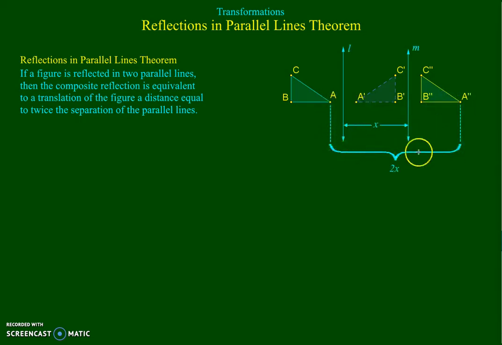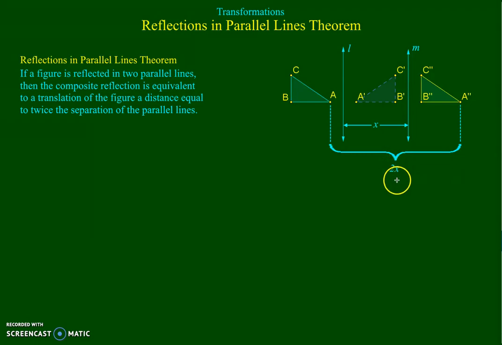So this distance from here to here is twice the separation distance, this x distance between lines L and line M. So that's what this theorem says, that this double reflection, once here and then here, is equivalent to a translation equal to twice the distance of the separation of the two parallel lines across which you've reflected.